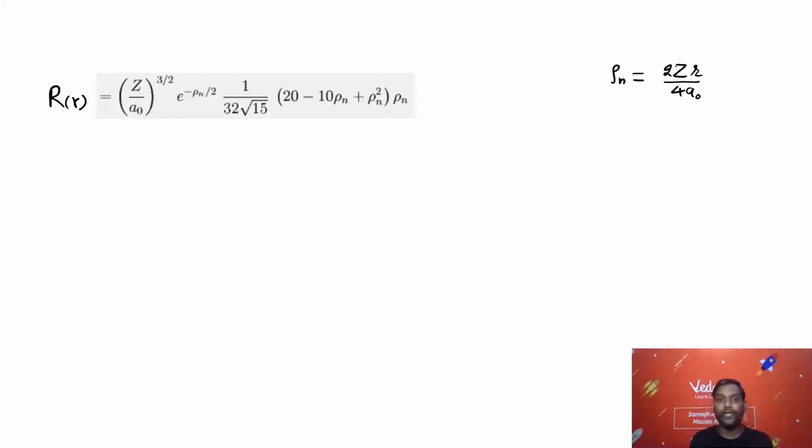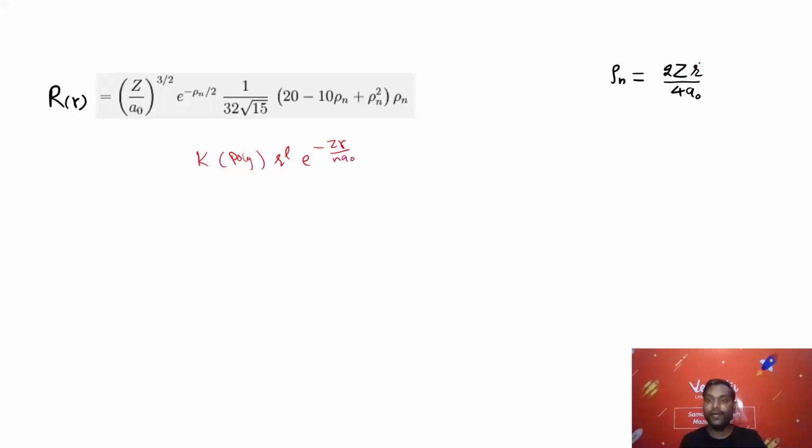If you plug in this value in the exponential, because I know that this radial wave function should be in the format of a constant, polynomial, r power l and e power minus zr by n a naught, right?